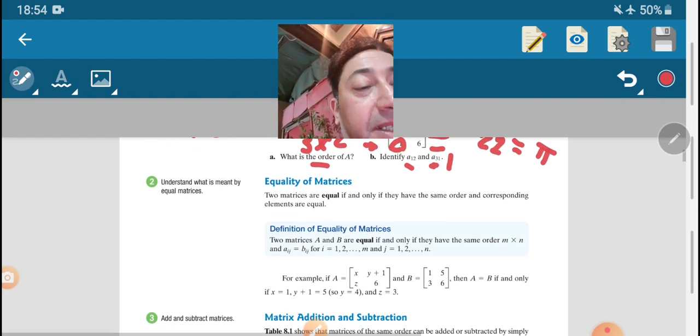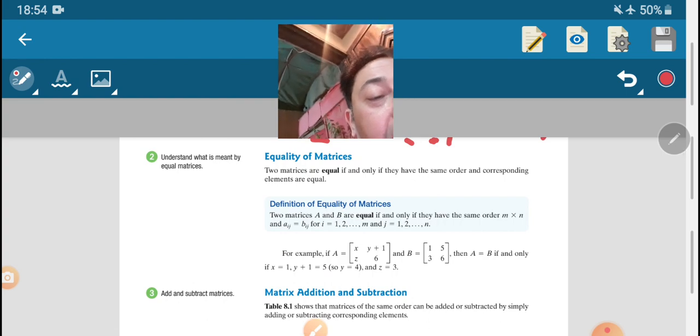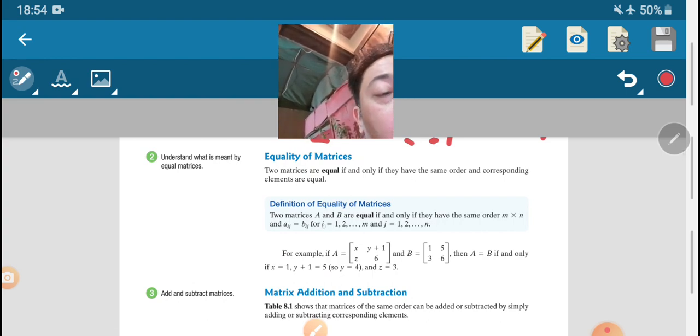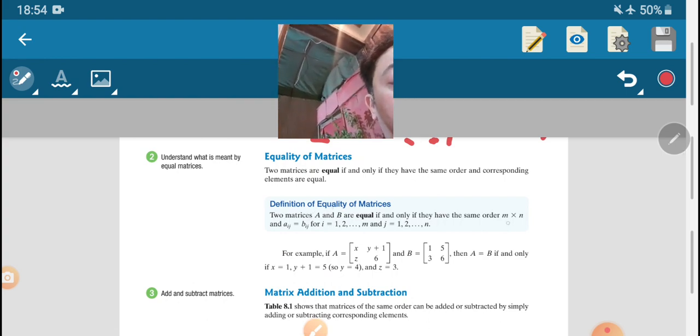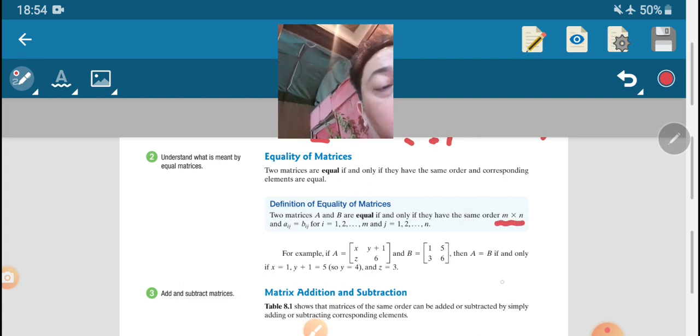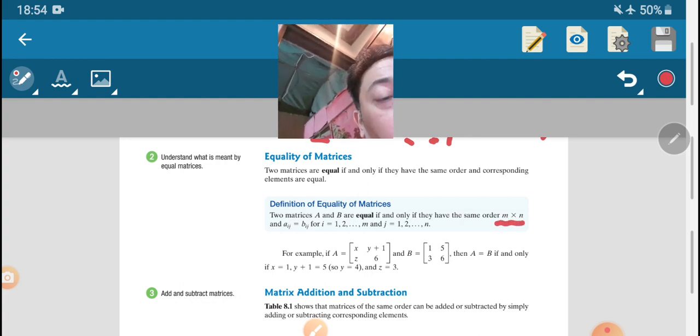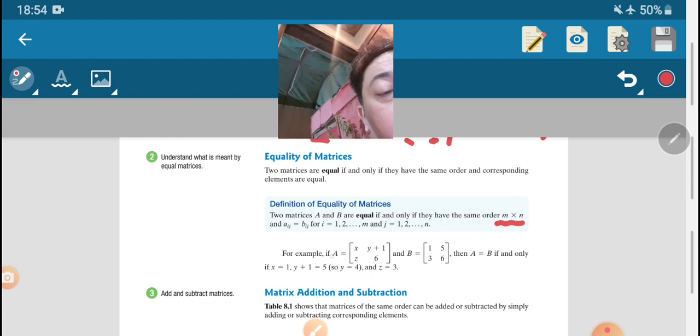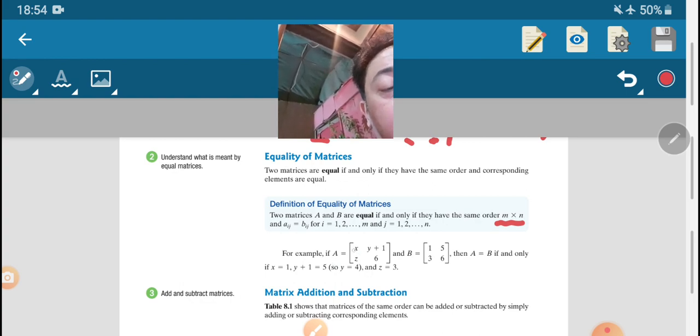Equality of matrices. Two matrices are equal if their orders m times n are the same and their corresponding elements are equal. For example, the matrix with members x, y plus 1, z, and 6 is equal to the matrix 1, 5, 3, 6.